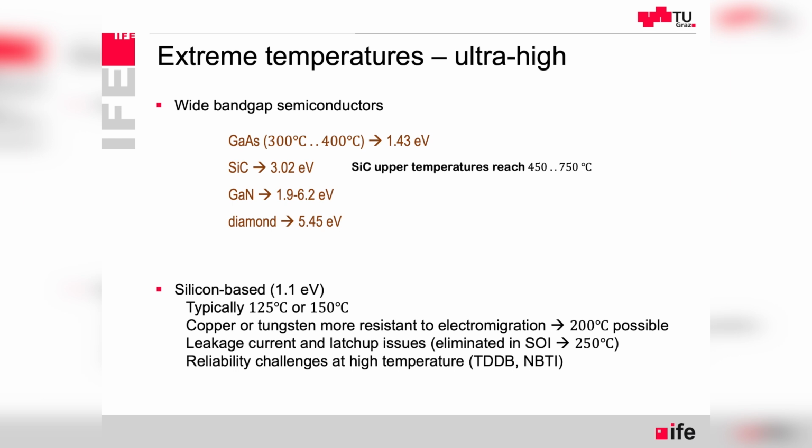Another issue is reliability because of electromigration. That means the metals, tungsten and copper, don't stay where we wanted them to be, so there is migration when the current is flowing. And 200 degrees was shown in some applications to be the maximum.